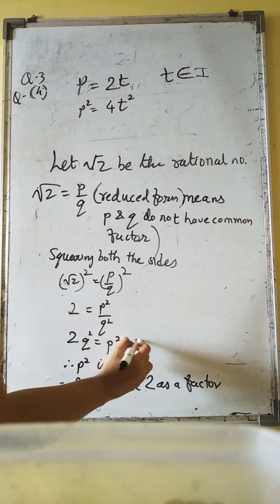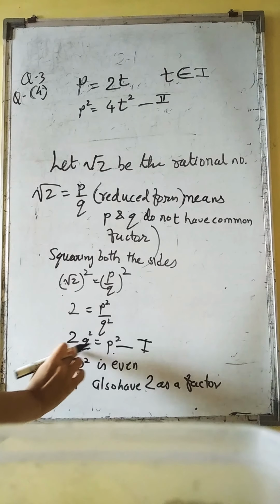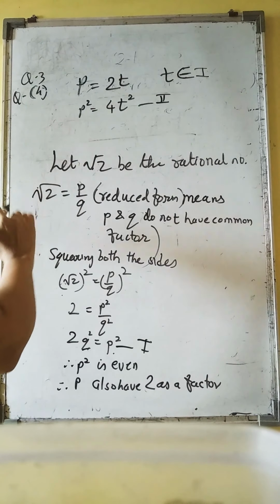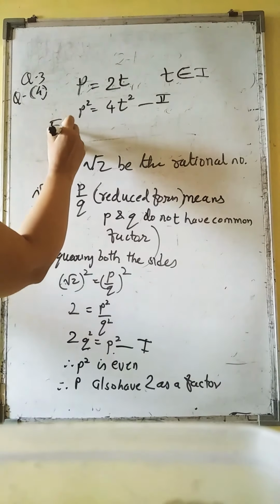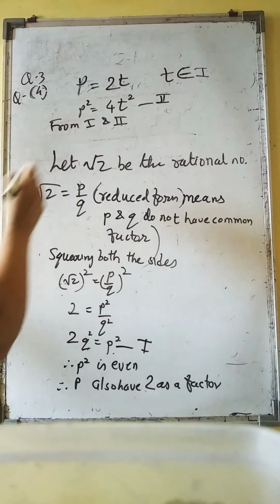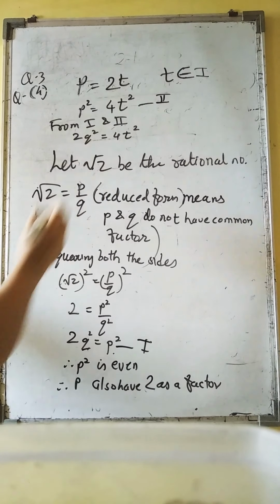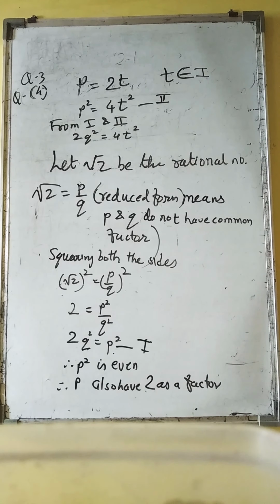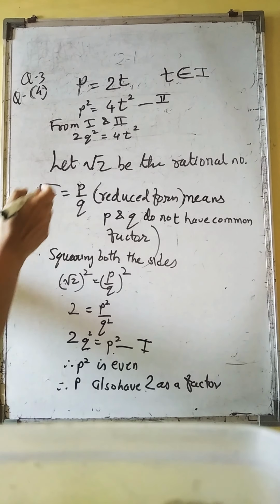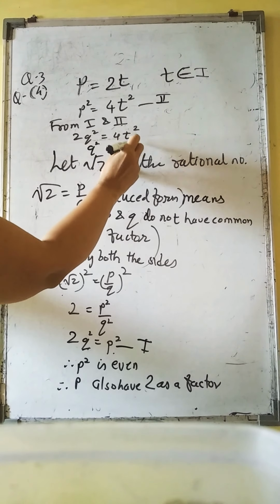Now what was P square here and here? P square is 2Q square, you have P square is 4T square. So from 1 and 2, what we got? 2Q square is equal to 4T square, isn't it? Right? So divide by 2, so you will get Q square is nothing but 2T square.